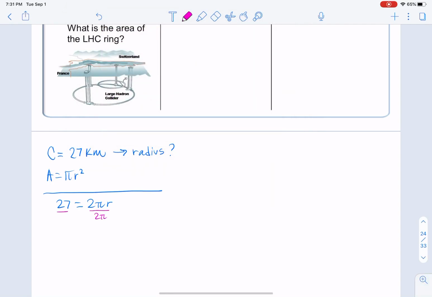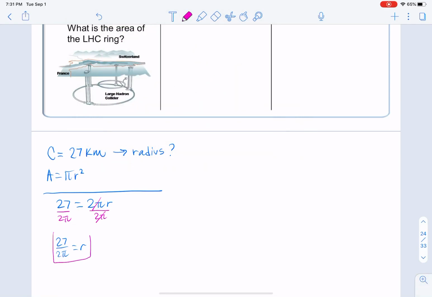The whole entire quantity, 2 pi. So it'll cancel out on the right-hand side, but it stays over there on the left-hand side. If the 2 divided evenly into the 27 over here, like the 27 was actually even, then I can simplify that fraction. But since it doesn't, I'm just going to write it down as 27 over 2 pi is equal to r. There's my radius.